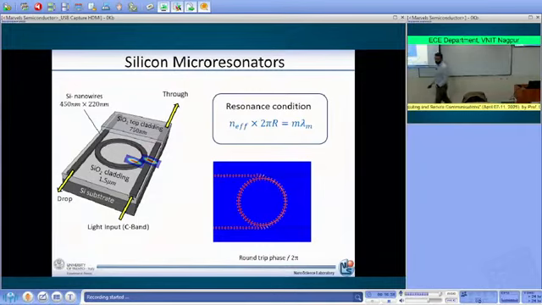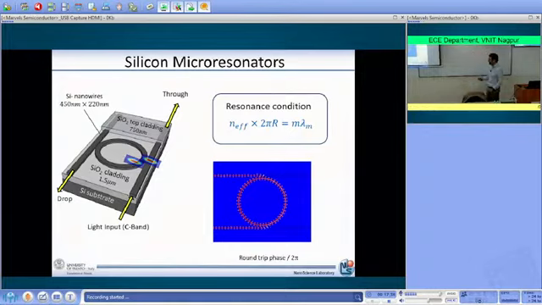This is the reason why it is called an add-drop geometry: by using this device you can add light inside the microresonator, as well as drop the optical light from the microring resonator. This can be used, for example, to channel your light signal from one port to another port. So you enter here, you couple, and you exit there. Okay? This is the reason why it's called an add-drop filter.